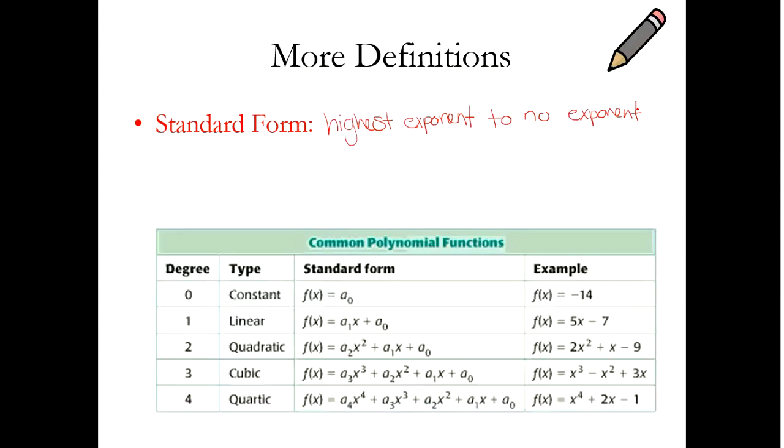So we're going to want to write them in a linear format, if you want to consider it that way, or a descending order of exponents. Now you're going to hear me say, what is the degree of this particular polynomial? The degree is the highest exponent present. So if there is an x squared term, that would be my degree of 2. We'll do a couple of examples of this.